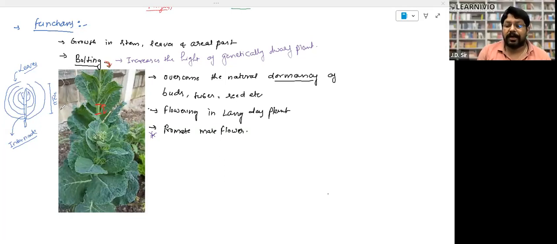Gibberellin is responsible for bolting. Full stop.